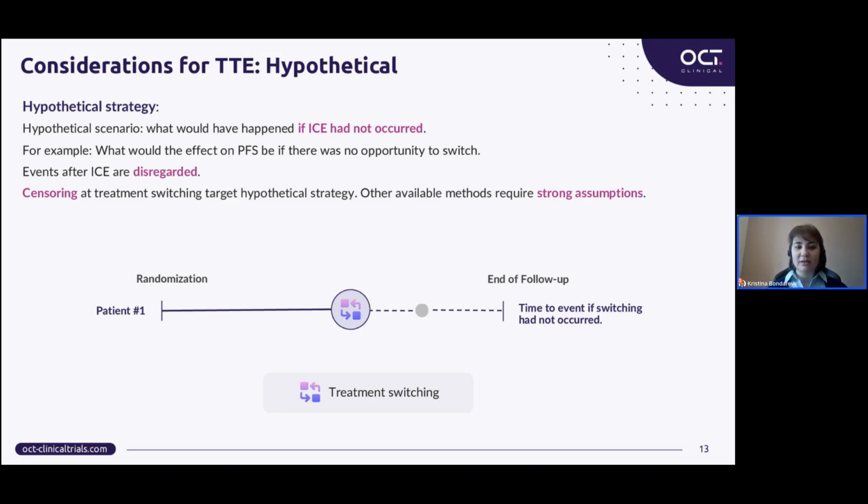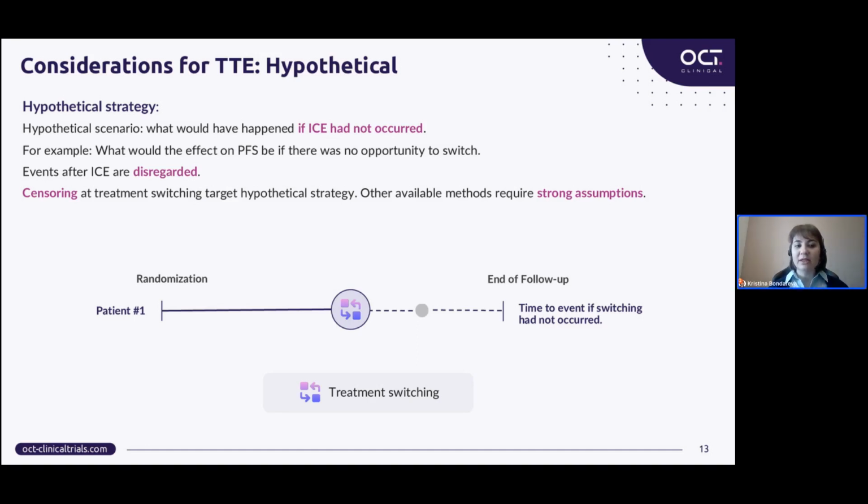The widely used censoring of time to event endpoints at the start of the subsequent therapy in the analysis is targeting a hypothetical estimate. Other methods also exist, and we will discuss them further in the presentation, but their use is associated with strong and often unverifiable assumptions.